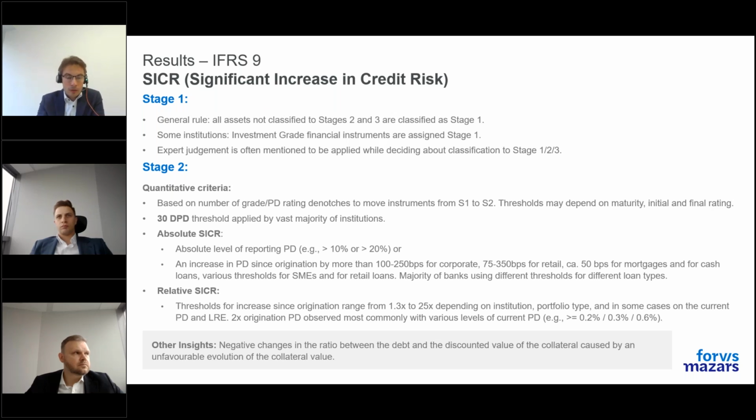And one of the observations is that a majority of banks are using different thresholds for different loan types, rarely having only one threshold defined for all portfolios on their balance sheet.